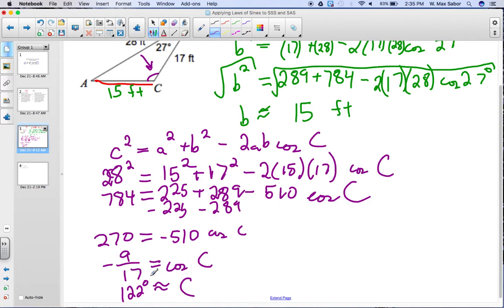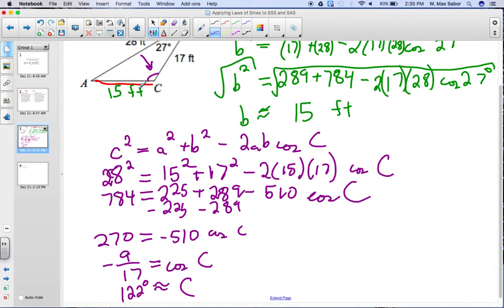Now, if we had used the law of sines to find that, we wouldn't know whether it's 122 degrees or the supplement, 58 degrees. So using the law of cosines for our largest angle is a much better choice.